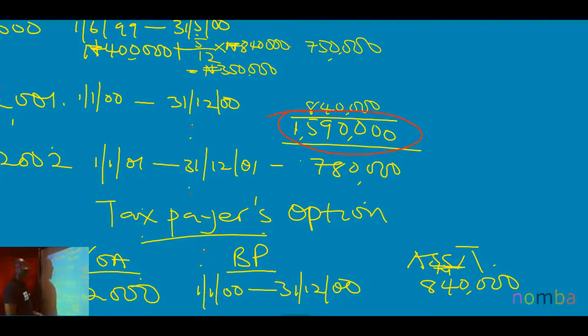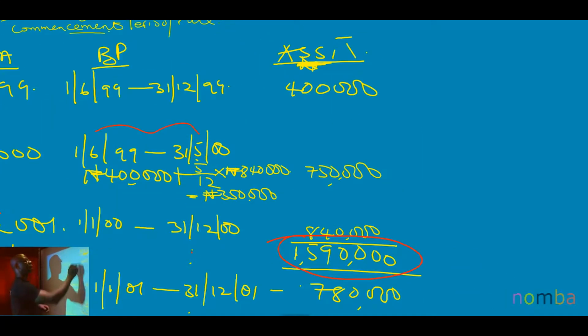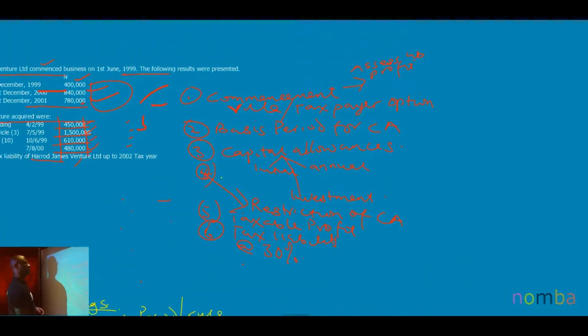You must state that. Is that okay? Cool. So if we go back to my outline, commencement stroke taxpayer's option is taken care of as part of my working.